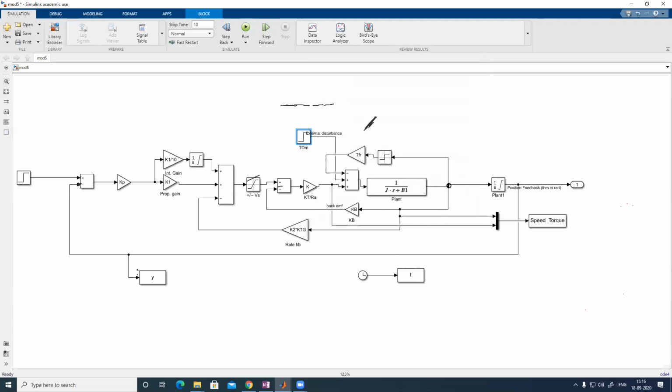And here omega is coming, and integrating omega you get theta. This omega is speed and here is torque, so this is for the speed-torque characteristic. The motor has to rotate according to the final value of theta, so theta is directly fed back here.